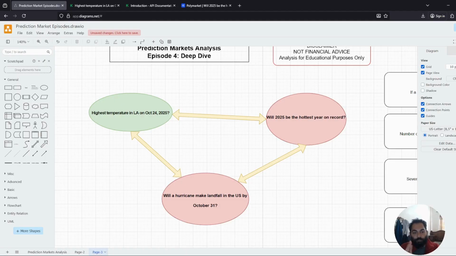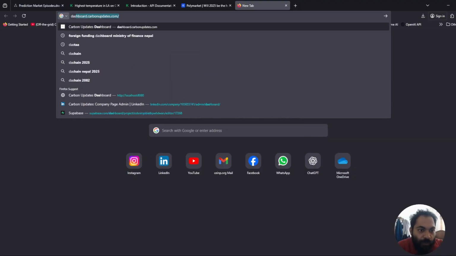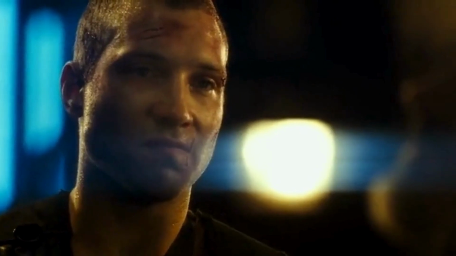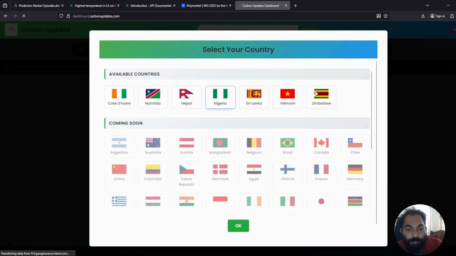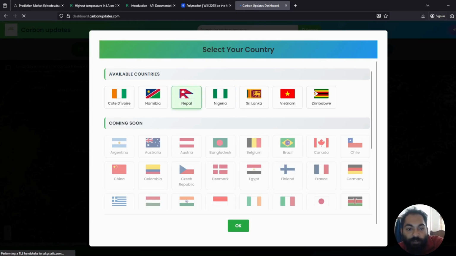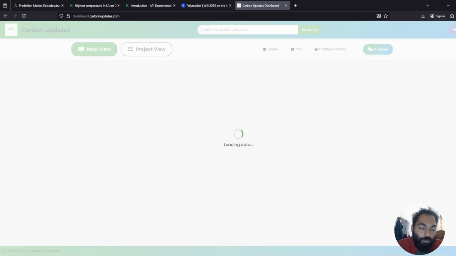That's my general purpose in doing this science, and making sure the carbon credits that we price are right in the project that I'm actually doing right now. It's the carbon updates dashboard, where we have allowed people from all these countries to do really good work in terms of adding solar, saving their environment, saving their jungle, forest, and everything else.